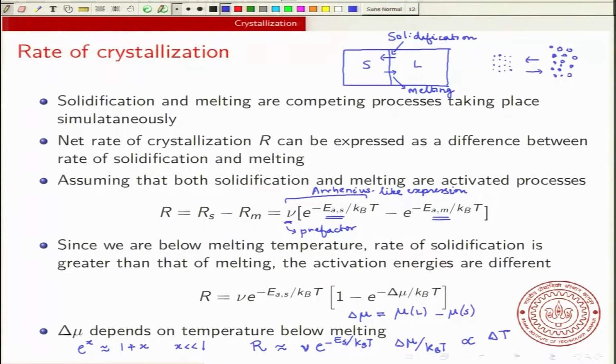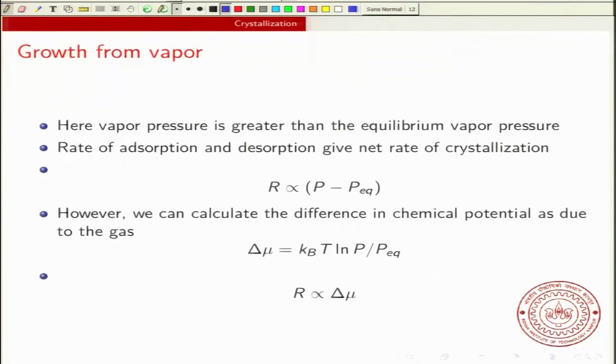Now, this is the process of crystallization from a melt or from a liquid. Here you have a liquid and it's converting to a solid. You could also have crystallization from vapor, in the sense that your crystal is growing because there is a vapor of the material.